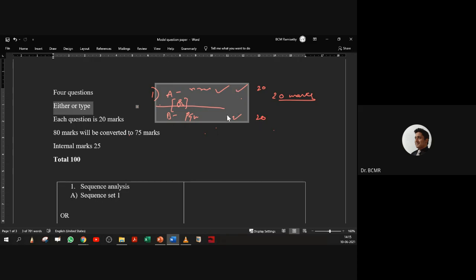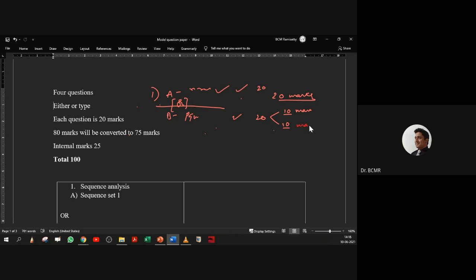That's not the case. You have to choose one and write. They may have sub-questions. In that case, the current instructions that we have received for the other exam say that there should not be more than 2 sub-questions, and the division of marks should be equal.